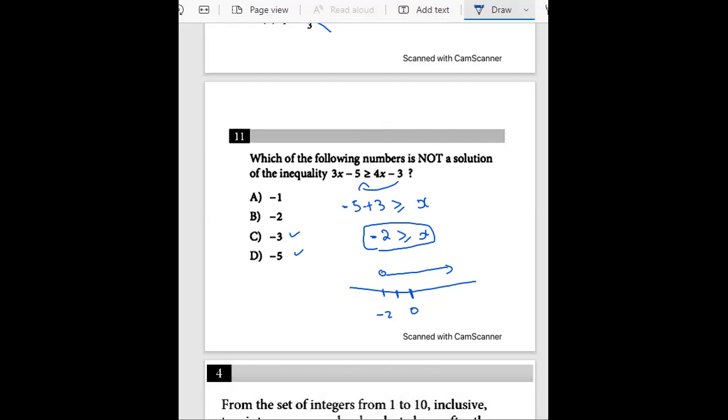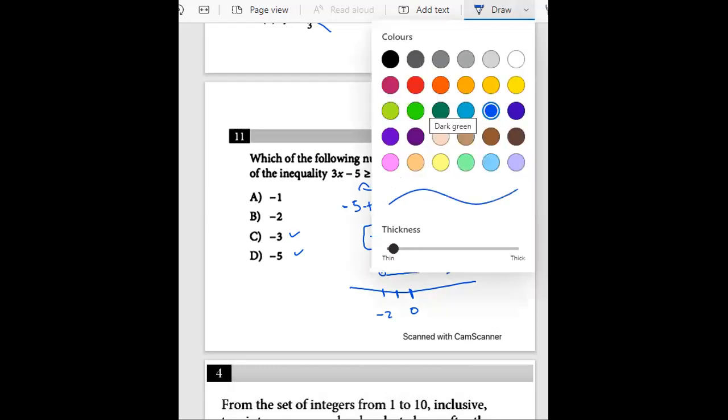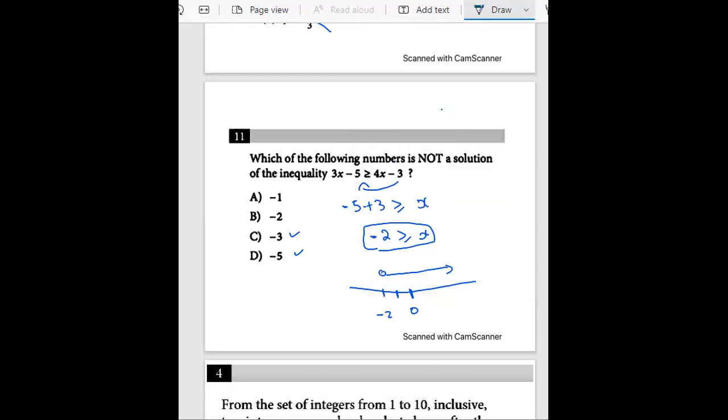For x equals -3, 3 into -3 would be -9, minus 5, that is -14. So it is -14.